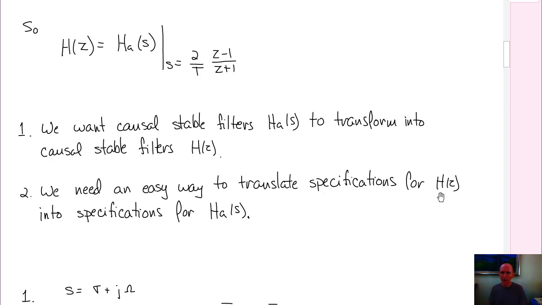If we're going to design an analog filter and then transform it into H(z), we need the specifications for the analog filter that we're going to design. Now, how do we do that? If we have the specifications for H(z), how do we get the specifications for H_A(s)? We can look at the bilinear transformation and see how that comes about.